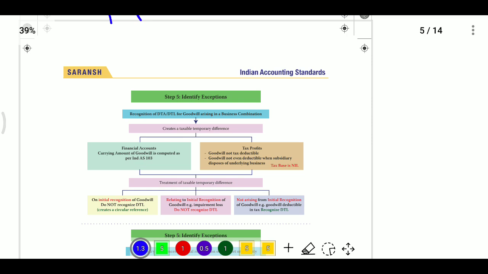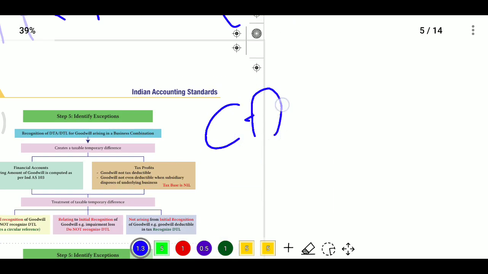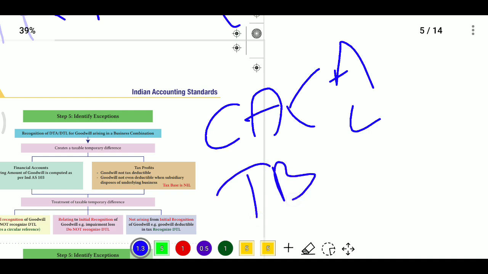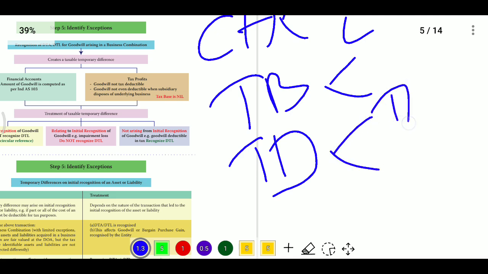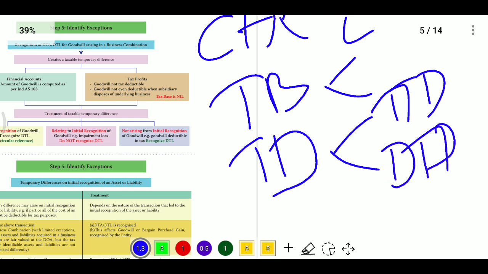Now what are the steps we can use for calculation? Firstly, we need to calculate the carrying amount of the asset or liability as per books of account. After that, the tax base of the asset or liability as per the Income Tax Act. Now we need to see the difference, that is the temporary difference, taxable temporary difference or deductible temporary difference.